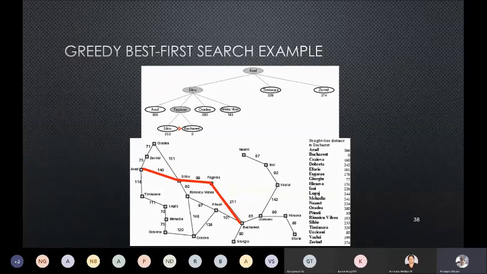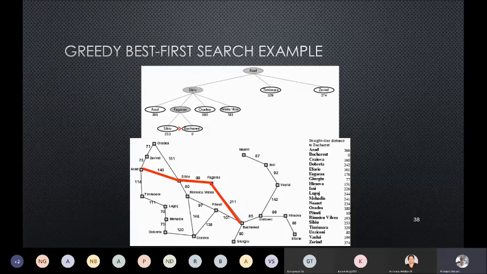From Fagaras, I can go to two places, Sibiu and Bucharest. And Bucharest is 0 kilometers away from Bucharest. So I go there. This red line is showing my path. And I reached Bucharest. That means this search is complete. It guarantees me that it will bring me to my goal node.